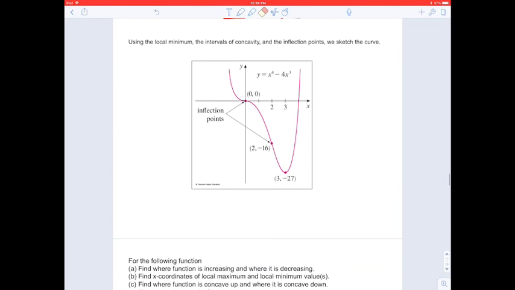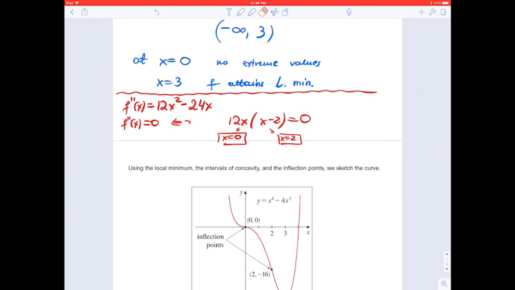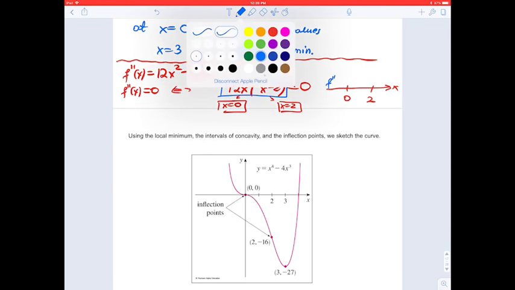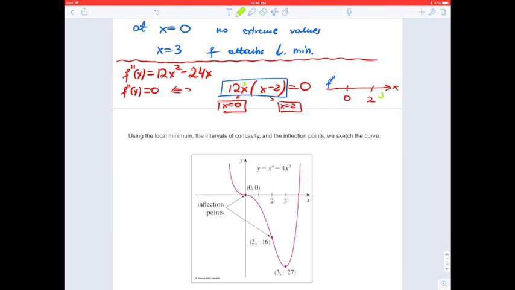I actually have the graph, if you can see, but okay, you can look at the graph the moment that I am testing the second derivative, 0, 2, and I will be testing the sign of the second derivative. Let's take a test value, 3. If I put 3, no problem, positive.